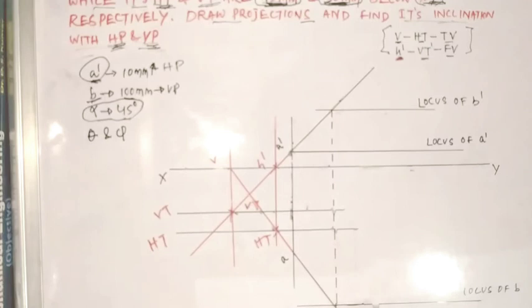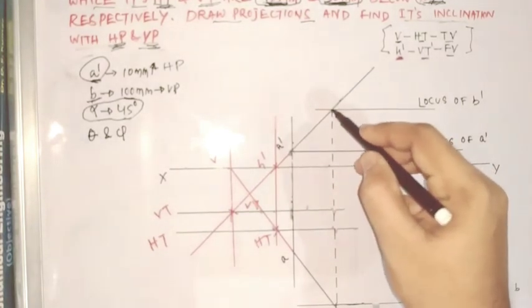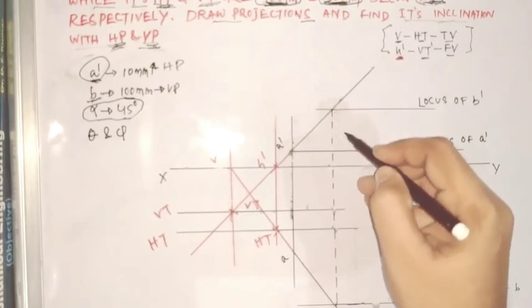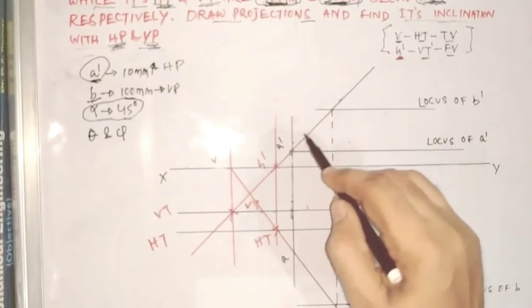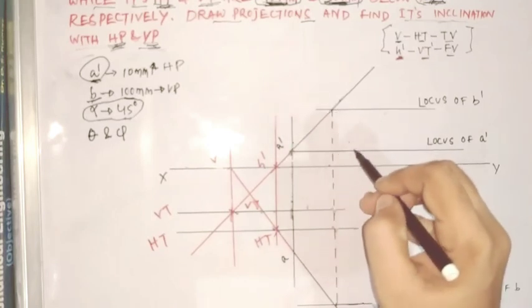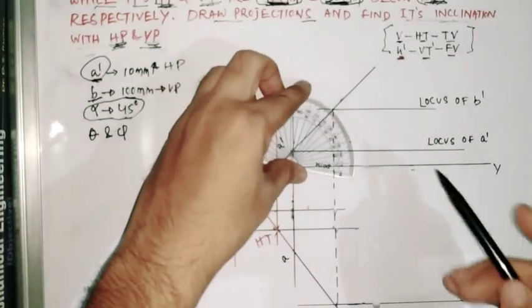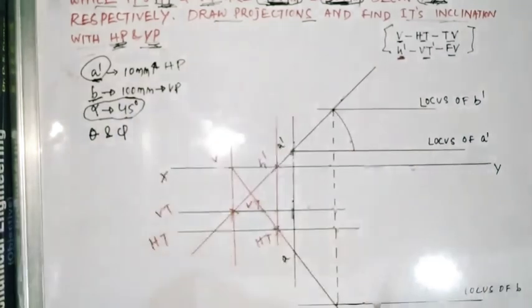Now again, if I draw an arc over here by taking this front view as radius, then it will be meeting somewhere here. Let me use this one for making an arc. I'll be getting an arc somewhat like this.